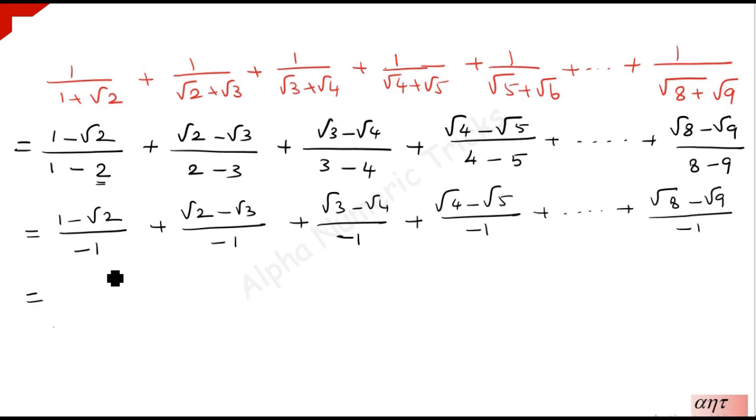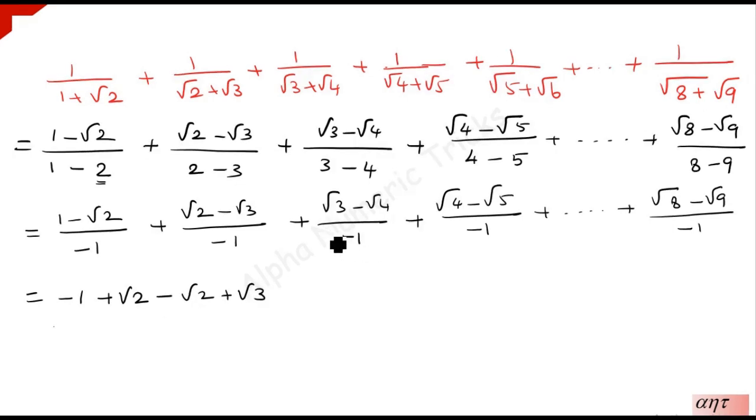Like that you have. So what you have to do is, you just take the negative sign to the numerator. So you have minus 1 plus square root 2 here. This term goes to the numerator, it becomes minus. Here this becomes plus, minus of minus is plus, and here minus root 2 plus, and the next term, you have to take this minus here, minus root 3, and minus minus becomes plus root 4, and here you have minus root 4, minus minus becomes plus root 5.